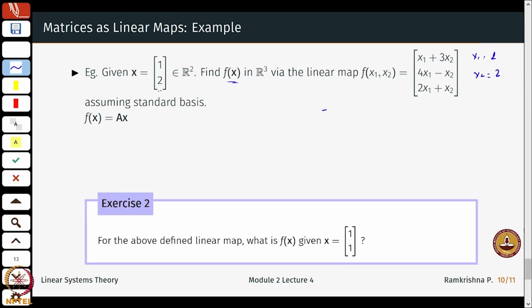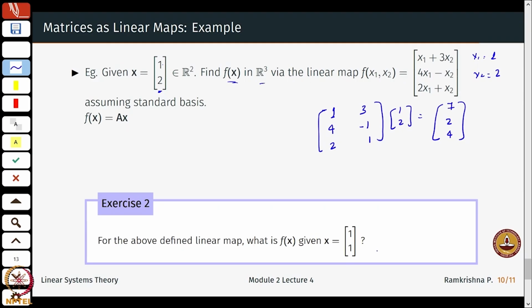So, this vector 1 2 will transform via this linear map, which has a matrix representation 1 3, 4 minus 1, 2 1, into, so this will be 1 and 6 is 7, 4 minus 2 is 2, 2 plus 2 is 4. Right. So, this is how this vector 1 2 will look in R3 via this linear transformation.